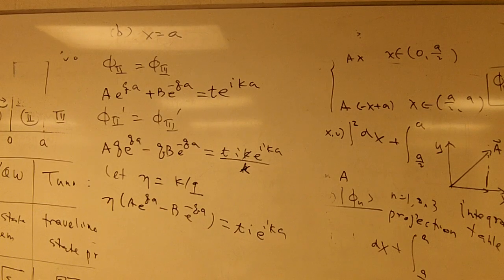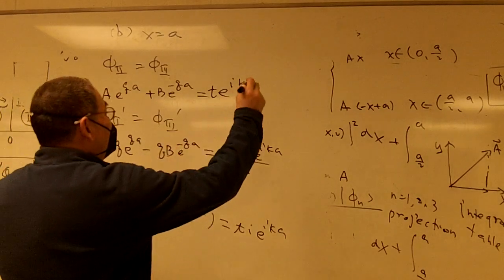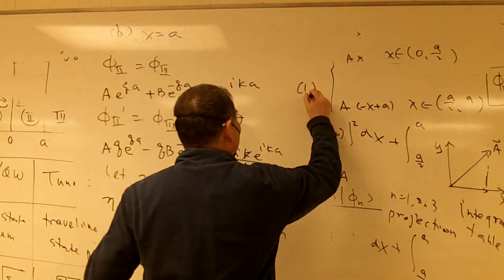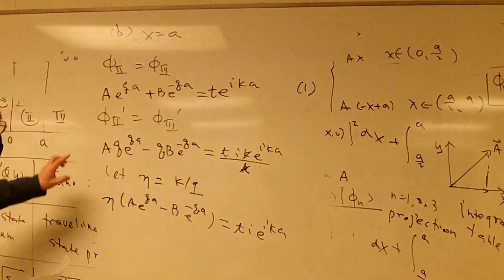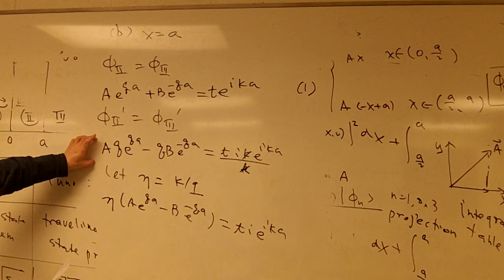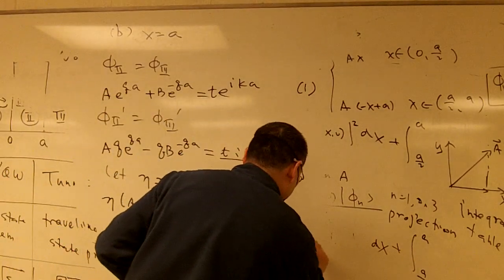In the end, we can directly solve for this immediately. So now it's time for me to highlight what our goal is. Let me call this equation number 1. This bottom equation, which comes directly from this one, is equation number 2.